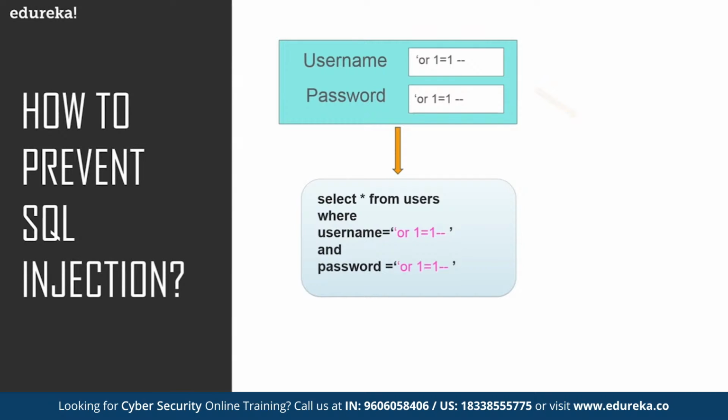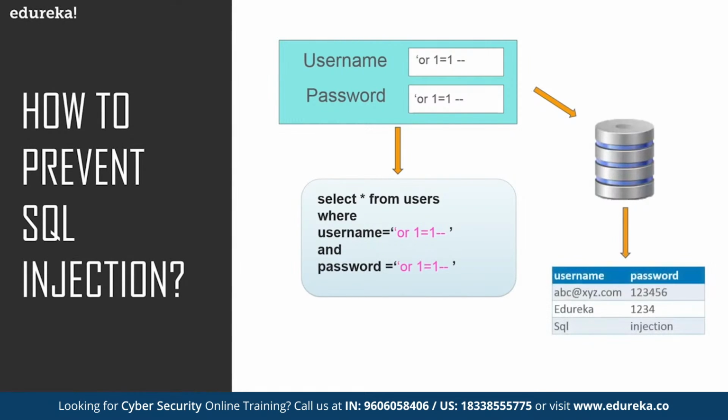The or 1 equal to 1 hyphen hyphen is not considered as logic in the code. So even if you give this malicious string as the input, it is sent to the database as a string. It is cross-checked with the username and the password in the database table. And because there is no match, the login will be unsuccessful.